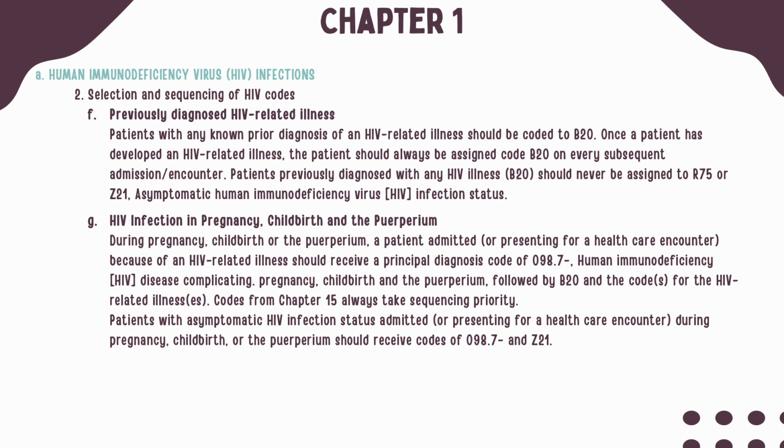Codes from Chapter 15 will always take sequencing priority. If a pregnant patient presents with asymptomatic HIV during an encounter, a code from subcategory O98.7 should be coded, as well as code Z21.